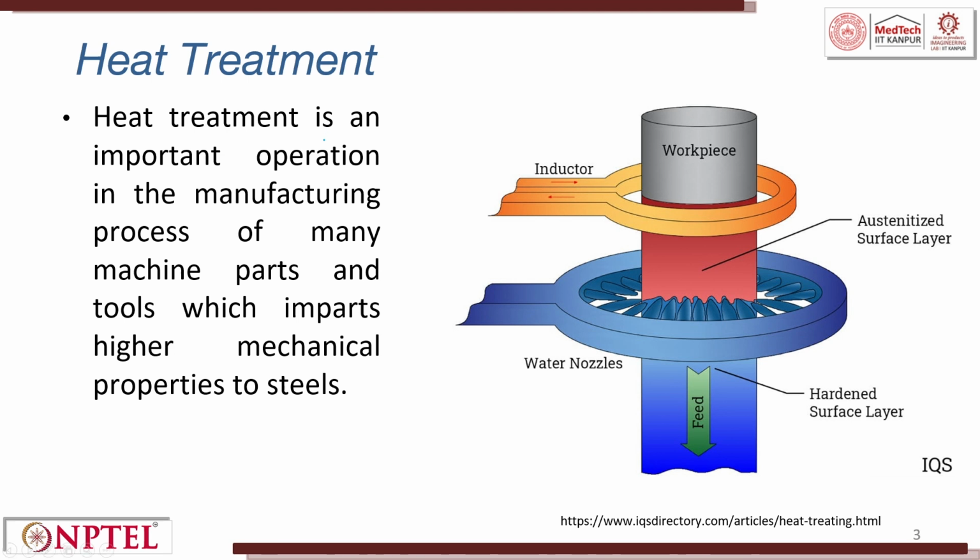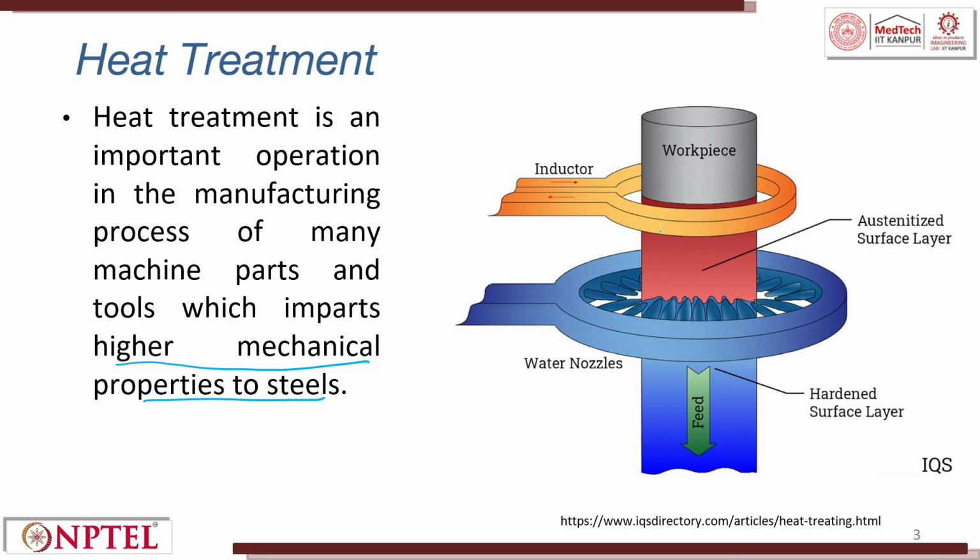Heat treatment is an important operation in the manufacturing process of many machine parts and tools, which imparts higher mechanical properties to steel. So, you take a workpiece like a shaft. This shaft is now getting heat treated.